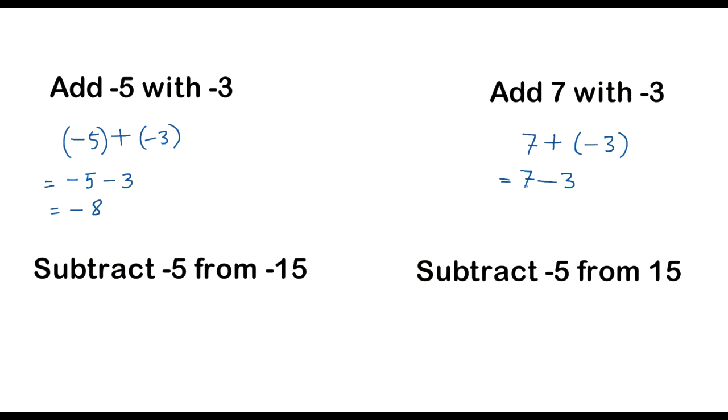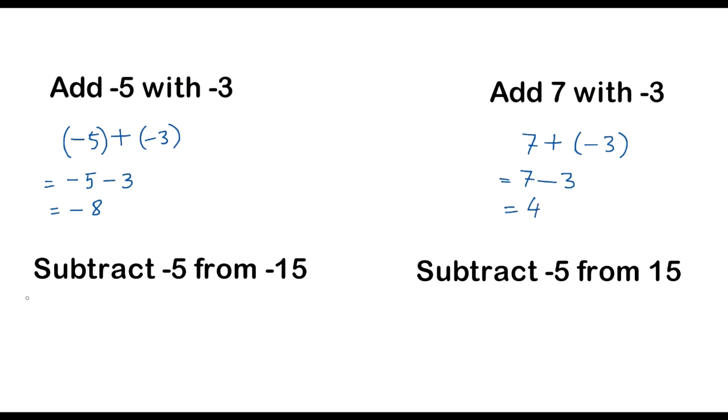Now when you have numbers with different sign, then you have to subtract from one another. I know here we are adding, but we have different signs here, so we have to subtract 3 from 7.